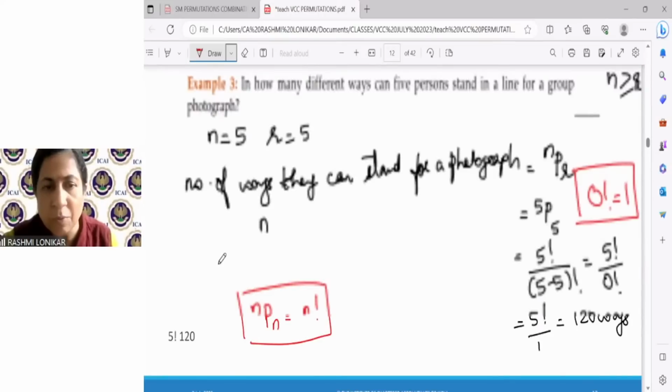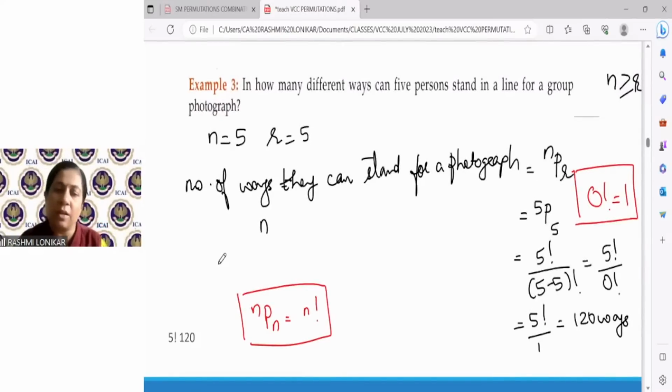What we should do is be able to remember those formulas, and how do I remember? By writing them down every day. So the moment I write 5P5, I should remember NPN is N factorial, so I could write it directly as 5 factorial and get the answer as 120.